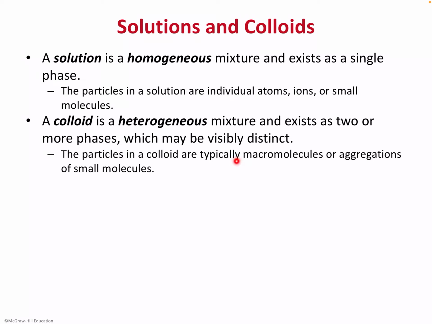And your salad dressing, right? You can see it is a heterogeneous mixture. You have oil as well as water in it. They are not going to be mixed completely, so you can visibly see the phases. The particles in a colloid are typically macromolecules or aggregations of small molecules.